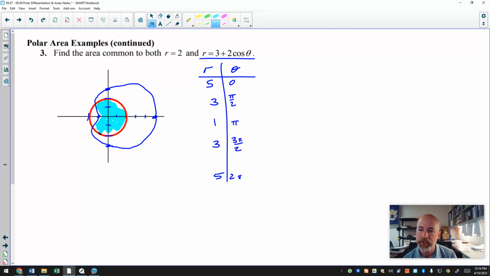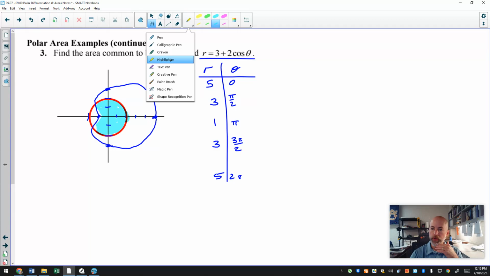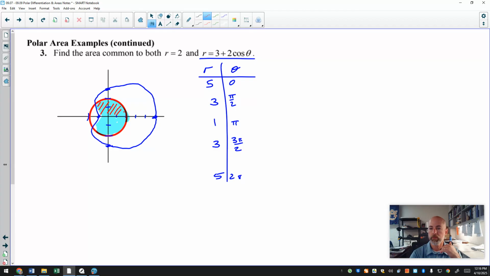There are a couple of ways you can do this, but I think the easiest way, I'm going to take advantage of symmetry, because I can tell that what's above the x-axis is the same as what's below the x-axis. If I can get only the top part, I can double that. And then that'll give me the whole area.